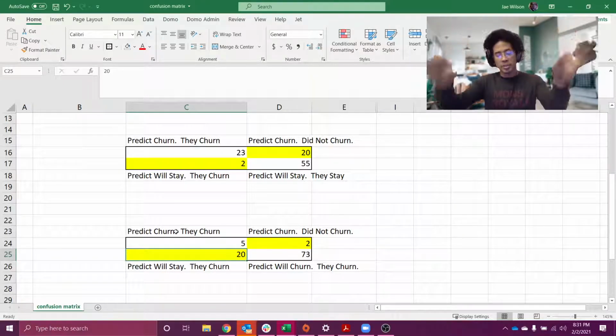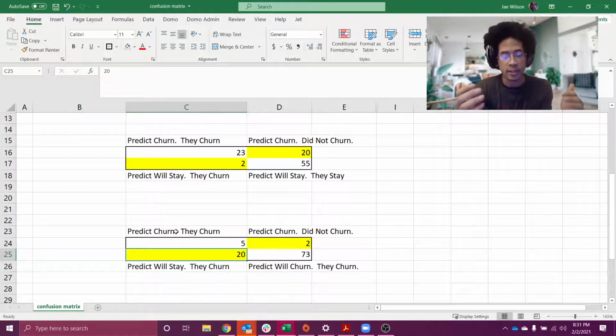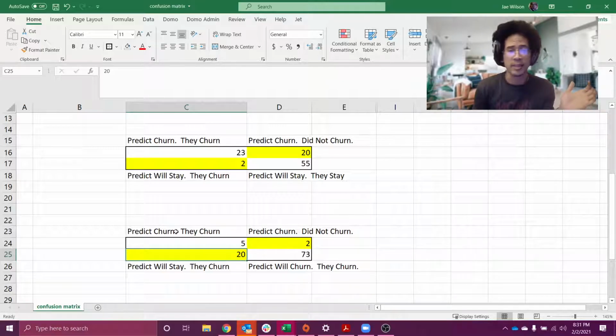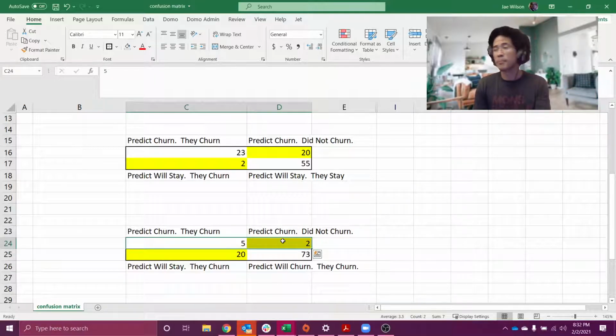And I'm showing these two models to my executive sponsors on this project. My customer success guy is super stoked because he's like, this is great. Look at this. I am not burning a lot of budget on people that are not at risk of churning, so I'm doing my job.